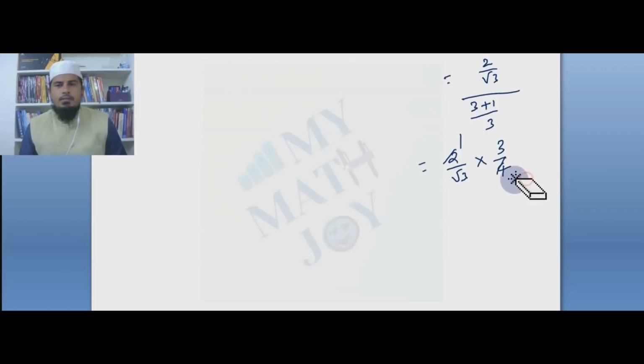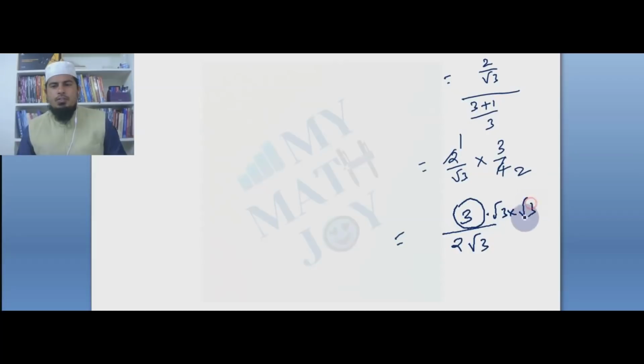Take an eraser, erase it, write once again 2. What is left now? 3 by 2 root 3. We don't have any standard value 3 by 2 root 3. Can we simplify this? I can write 3 as root 3 times root 3. Then I can cancel 1 root 3. I'll get root 3 by 2.